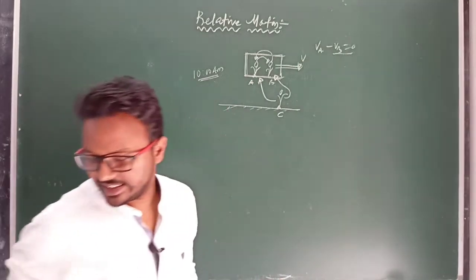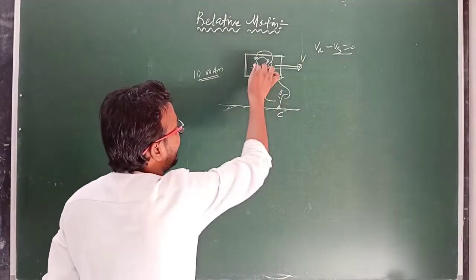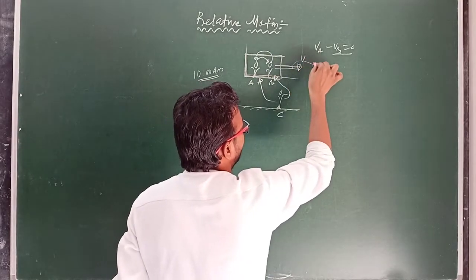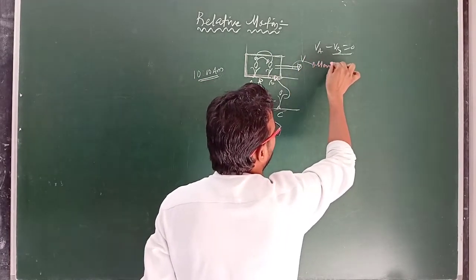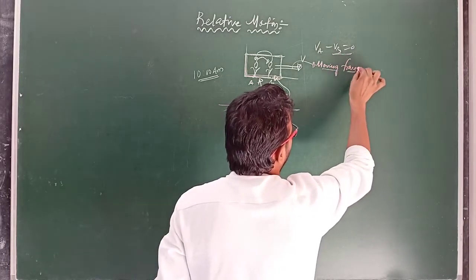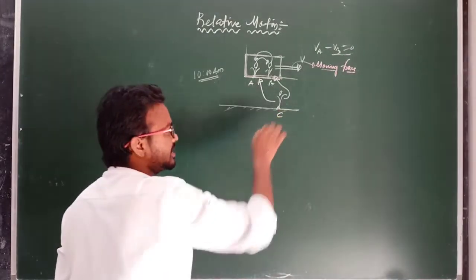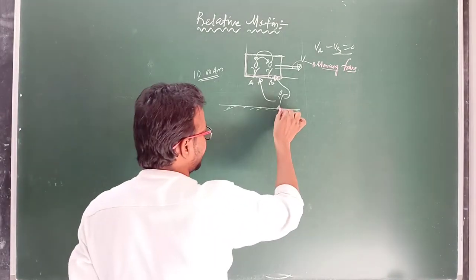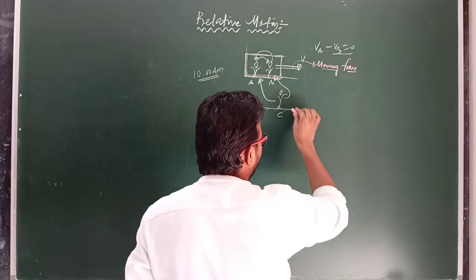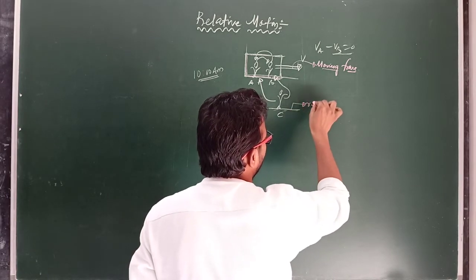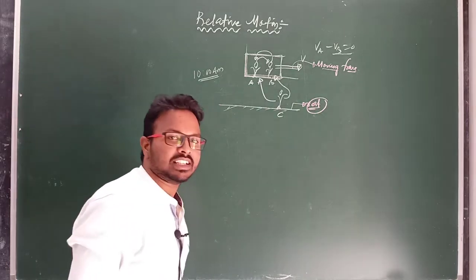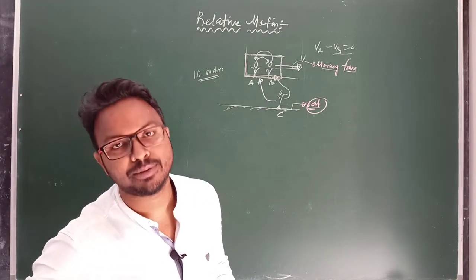In this case A and B are both in one frame of reference, known as the moving frame, or the compartment of the train, the moving frame of reference. But observer C, Mr. C, is sitting on the platform of the station, and that platform is at rest. So the motion of an object depends on the frame of reference.